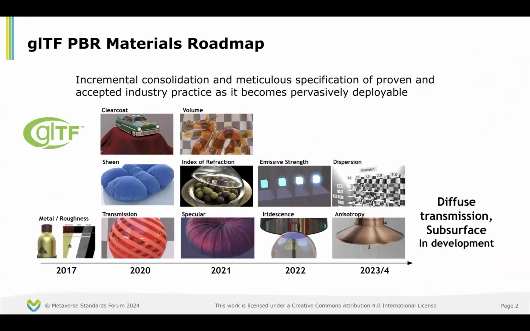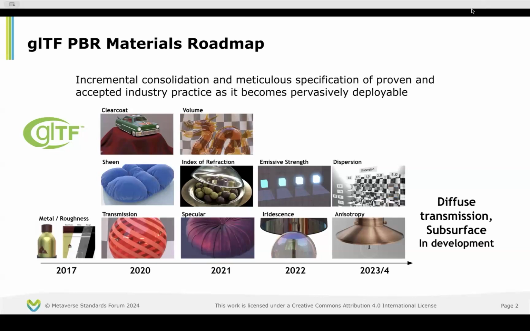We chose the metallic roughness model, and based on this, we build layers of complexity on top of the standard model. And we're not going to change this. If you have any specific questions, we have all the experts here in the call, so feel free to ask if you want more details on this.